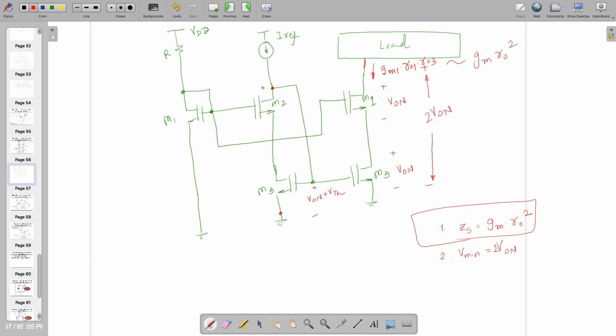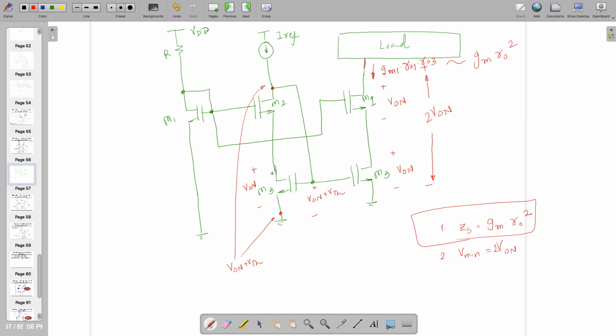So if I am holding a multimeter which has V on plus VTH, I'm supposed to see V on plus VTH across this. And I know that if this is V on and this is also V on, then the current will be the same one.